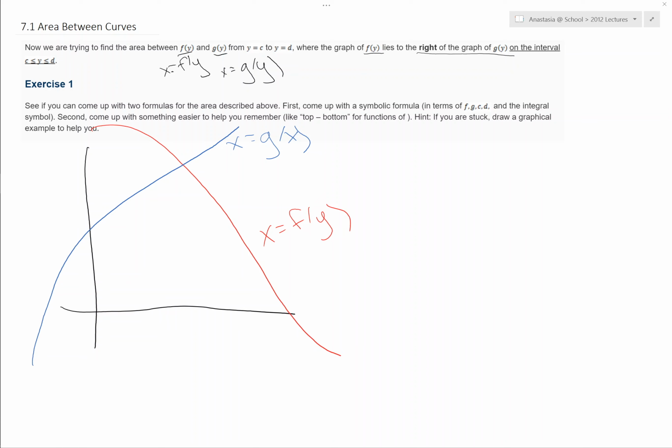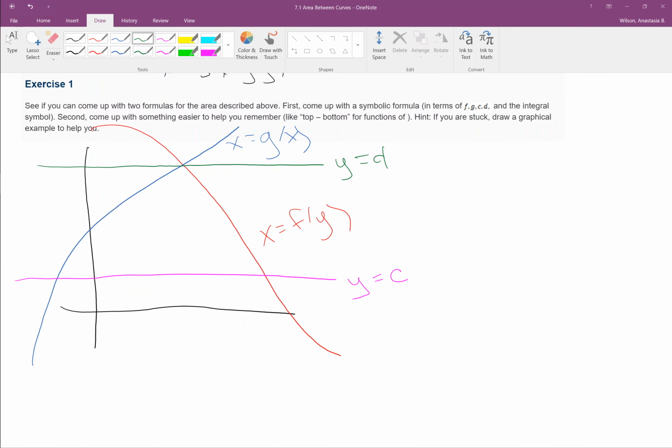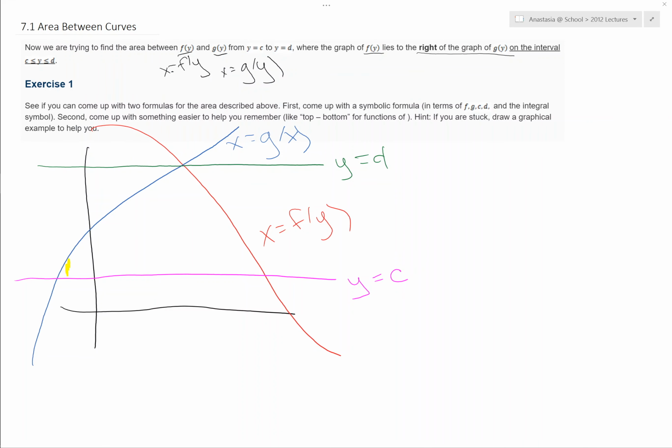Let's say that y equals c is here, and y equals d is here. So the region that we are wanting to find the area of is this region in between the curves.